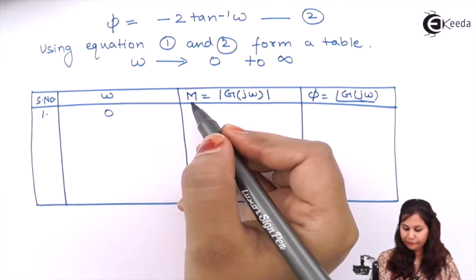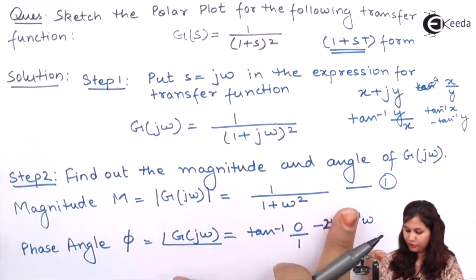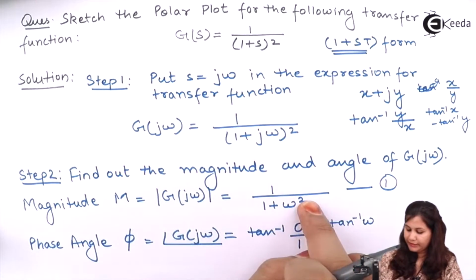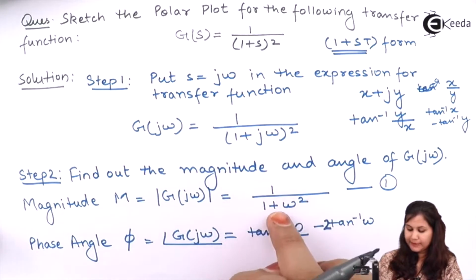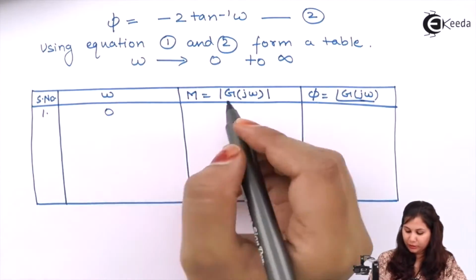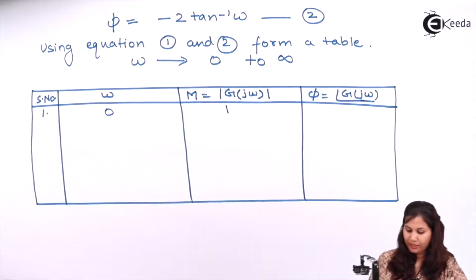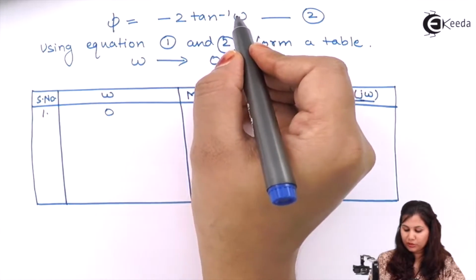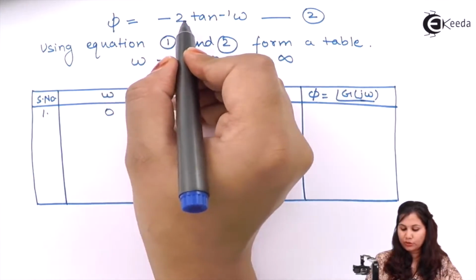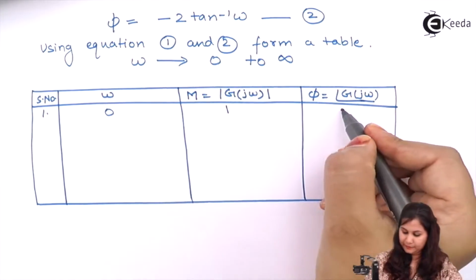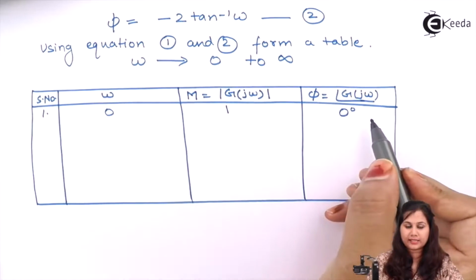If we put omega equals 0 in the magnitude equation, it will be 1 upon 1 plus 0, so the magnitude is 1. In the phase equation, minus 2 tan inverse of 0 gives 0 degrees. So the phase angle is 0 degrees.